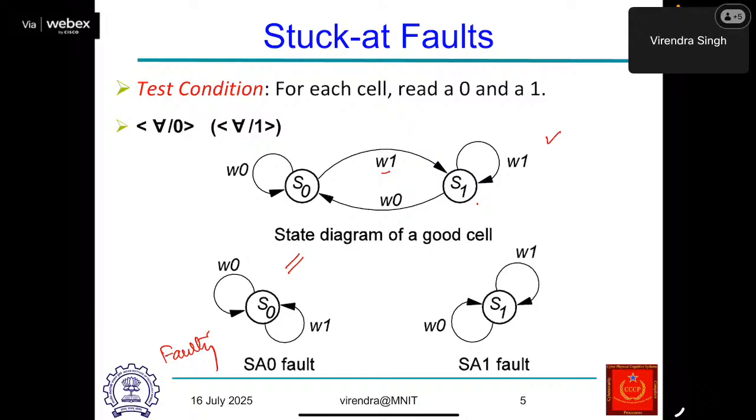Then you provide the input W1, so that means you write 1, and observe the output, whether the output is 0 or 1.